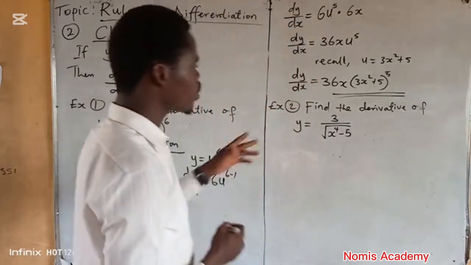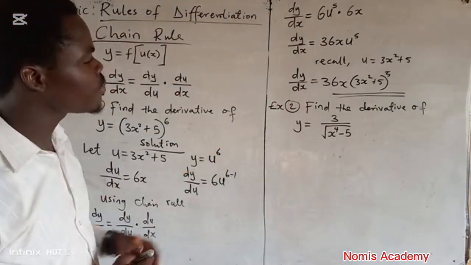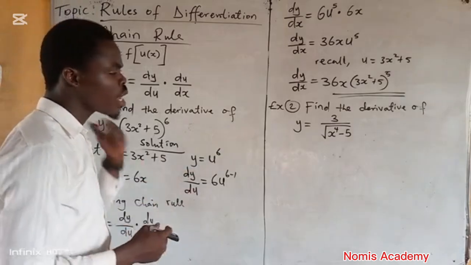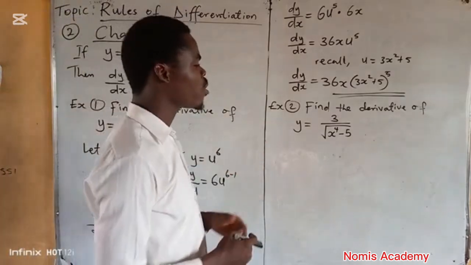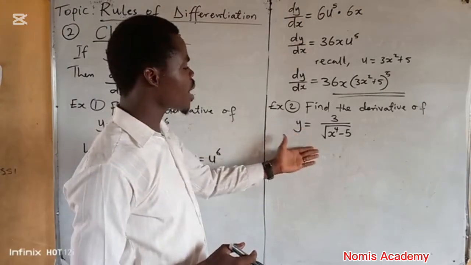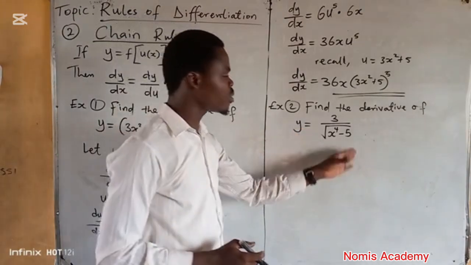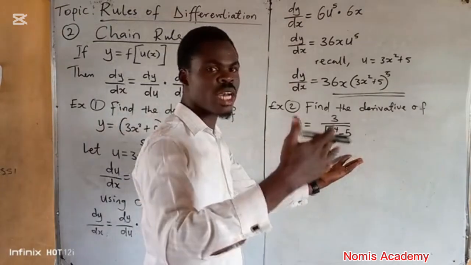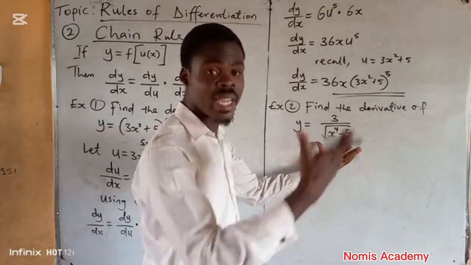Alright, we have this problem. We have 3 all over the square root of x raised to the power of 4 minus 5. What we need to do is write the radical in the index form.